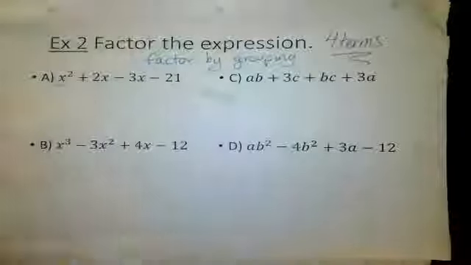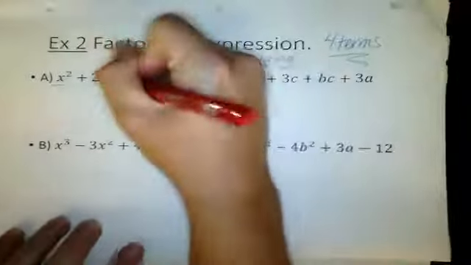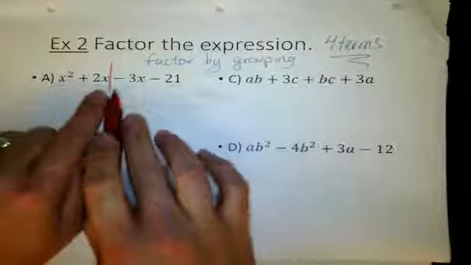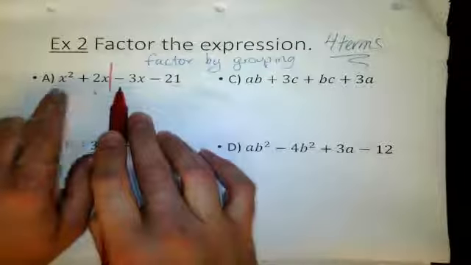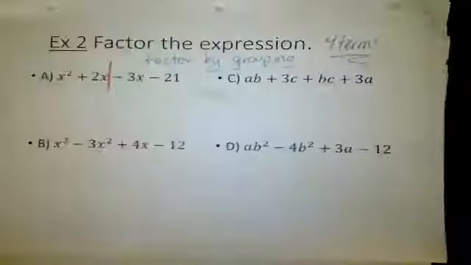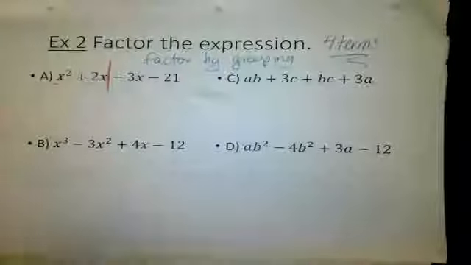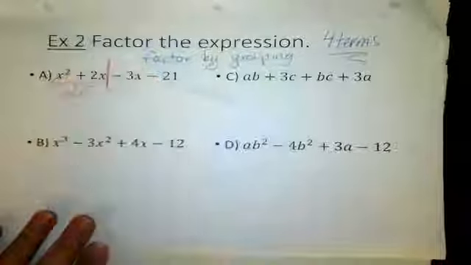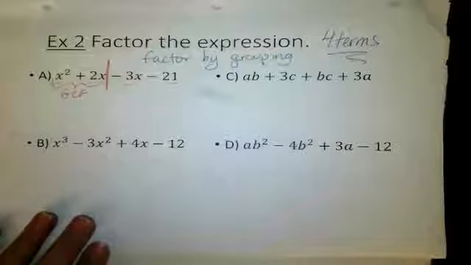So for factor by grouping, here's the method we do. We part the Red Sea. We're looking at the first 2 terms, and then you'll notice the last 2 terms. So we split our terms apart. And what I'm going to do then is take these first 2 terms and look for the GCF just in those first 2 terms.